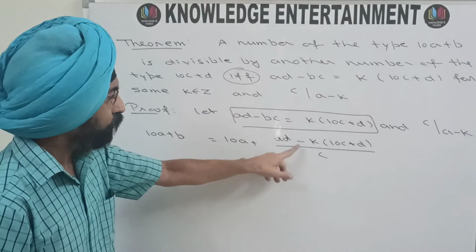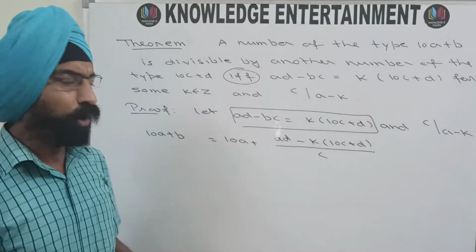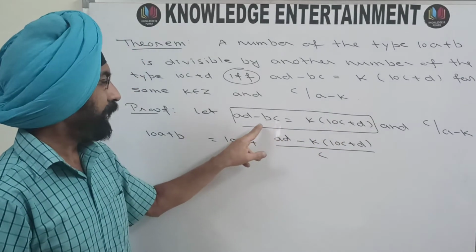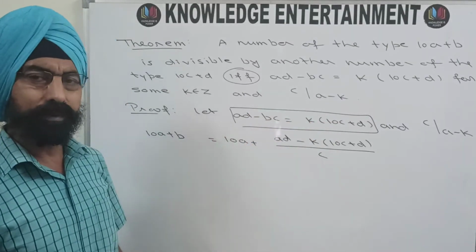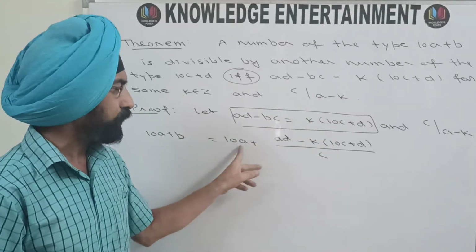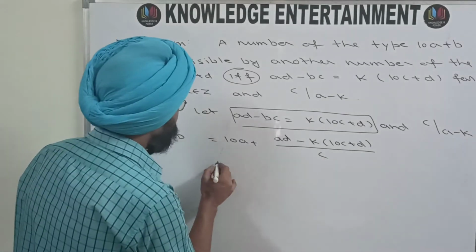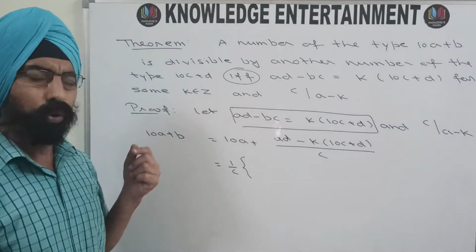I have taken bc to the right hand side, k into (10c plus d) on the right hand side, and then divided both sides by c to obtain the value of b, and I have substituted it here. Now 1 upon c I am taking common from the whole.